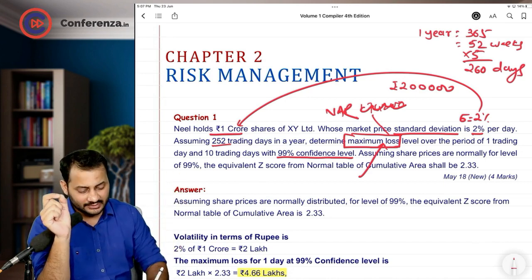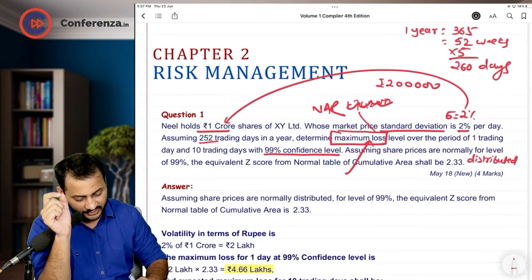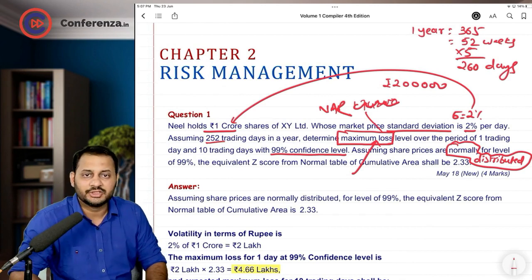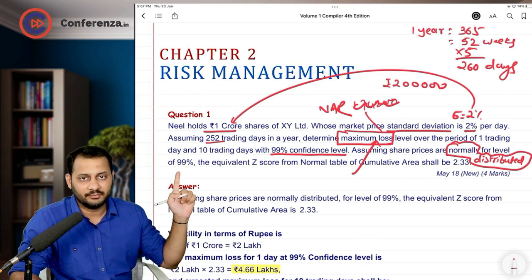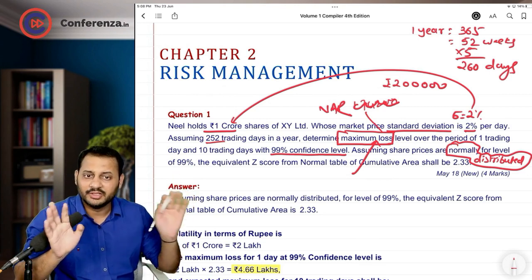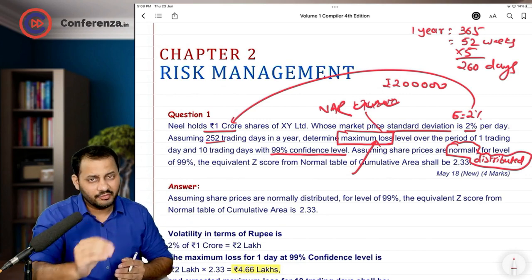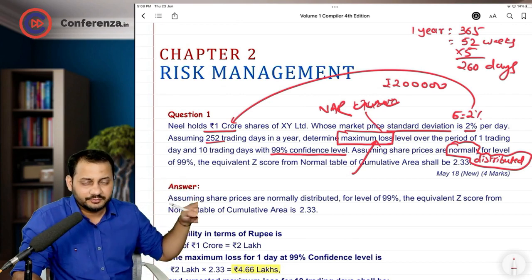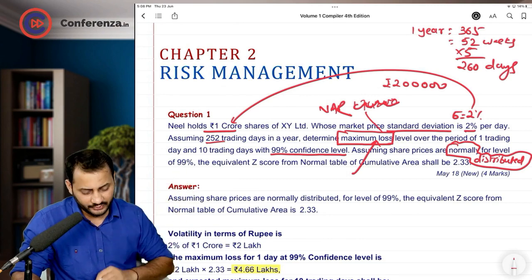Assuming share prices are normally distributed, just write down one word here which was missing: normally distributed, for a confidence level of 99%. It means this entire investment is depicting a picture of a normal distribution. Cool. So we can formulate that graph. The equivalent z-score, we'll just leave it for later.